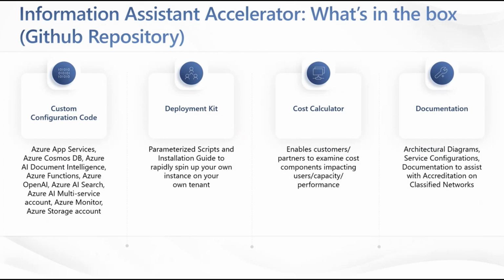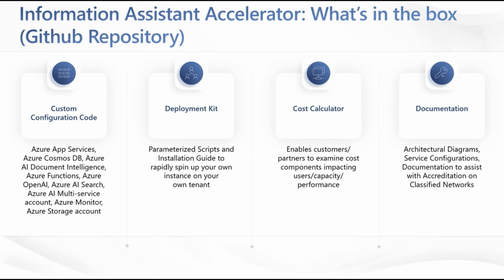Okay, so for Information Assistant specifically, like I mentioned, we've got the infrastructure as code. Sitting in there is one of the resources. You've got a deployment kit that includes some code for a container where all of your requirements are built into that container for the deployment. We have a calculator where you can estimate kind of a t-shirt size, what it might cost you to run the accelerator, because the accelerator and the code itself is free, but where the cost comes in is when you actually start running this, because all this is going to deploy solutions into Azure.